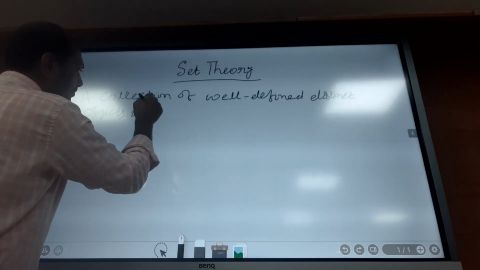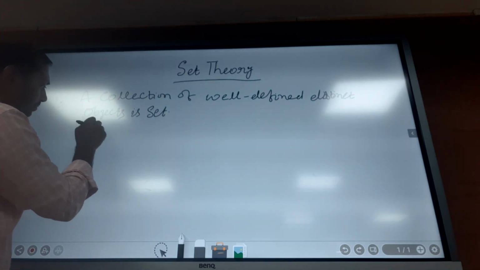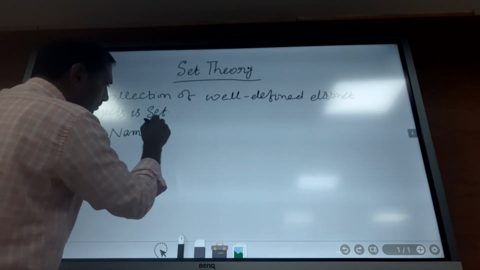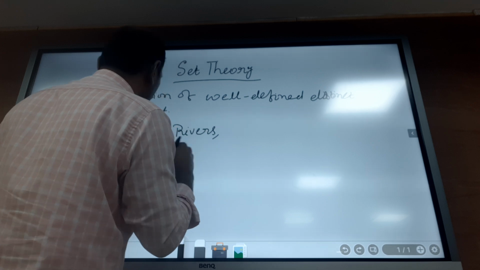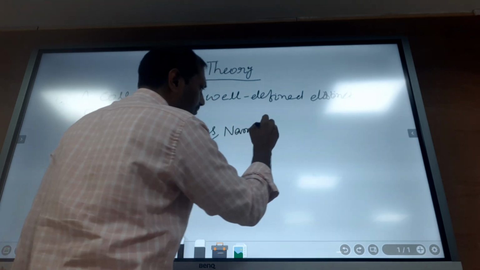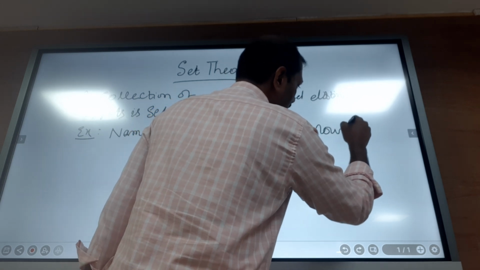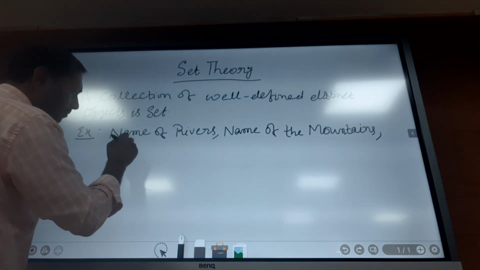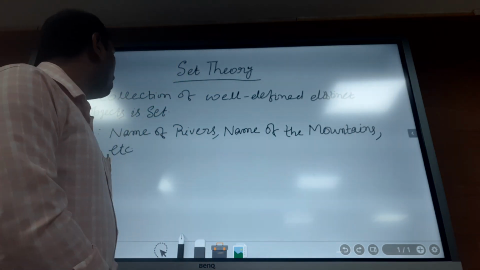For example, names of the rivers, names of the mountains, etc. So that is known as a set. A set is a collection of well-defined, different or distinct objects.